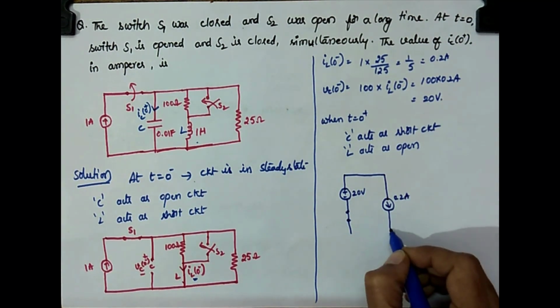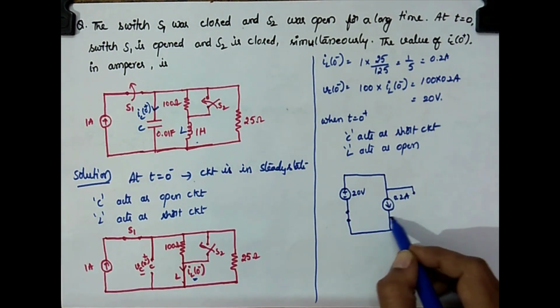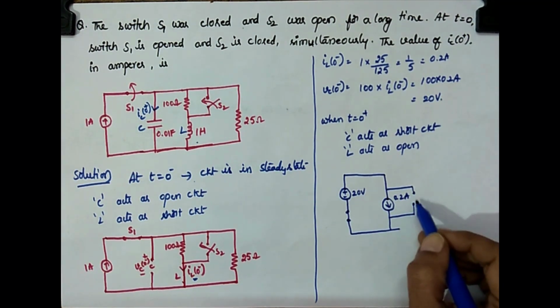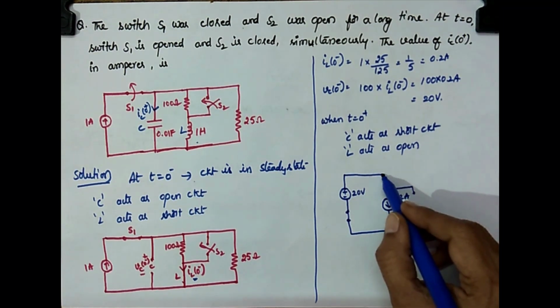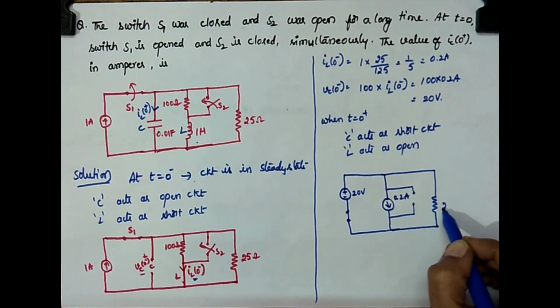This open terminal represents the inductance, and then you have a 25 ohm resistor here.